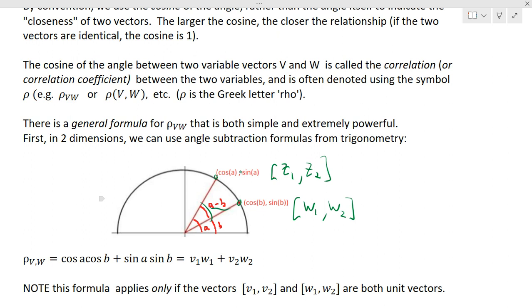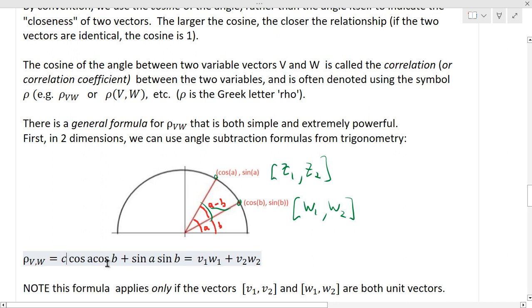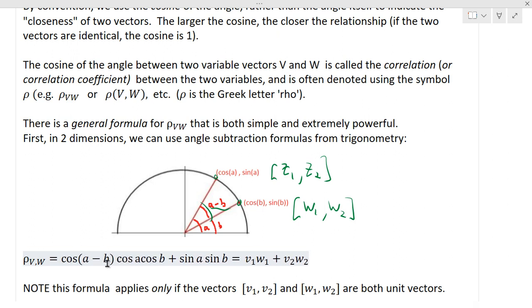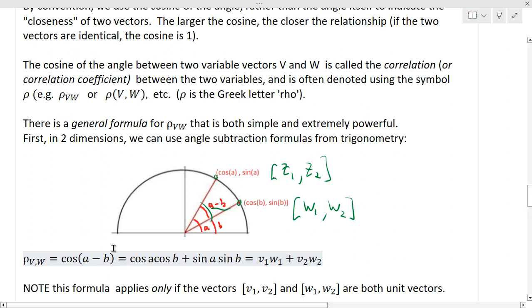Now if you go back to your angle subtraction formulas, in your trigonometry textbook or online, the cosine of a minus b is equal to cosine A cosine b plus sine A sine b. Now what's cosine A cosine b? Well, that's just the product of the x-coordinates of the two vectors.